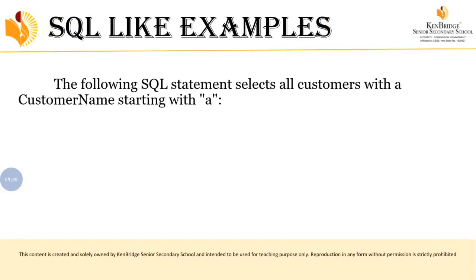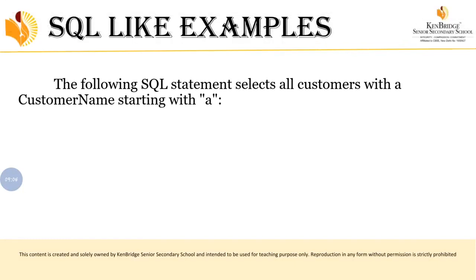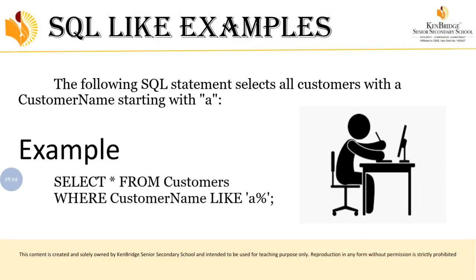Here I have given query examples, and this query is used to select all the customers from the customer table where the customer name starts with A%. A% means whatever name starts with A will be displayed in the output.